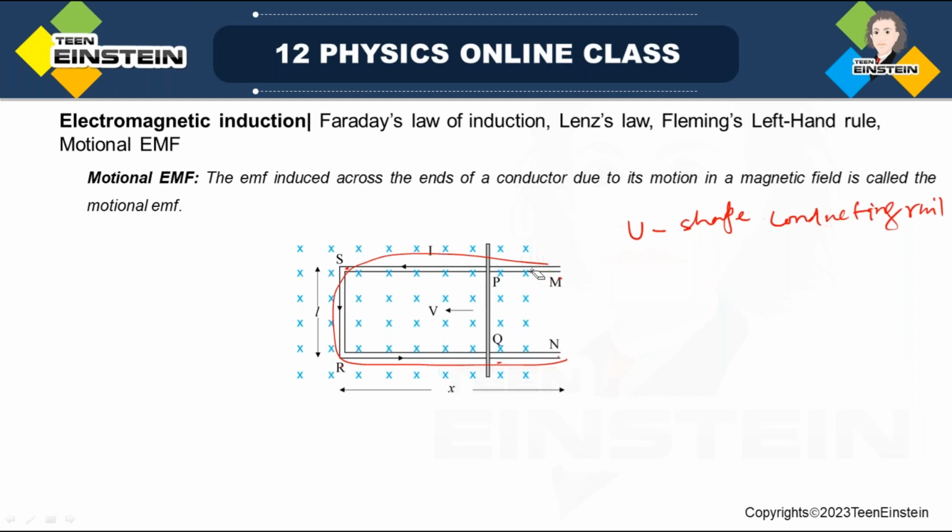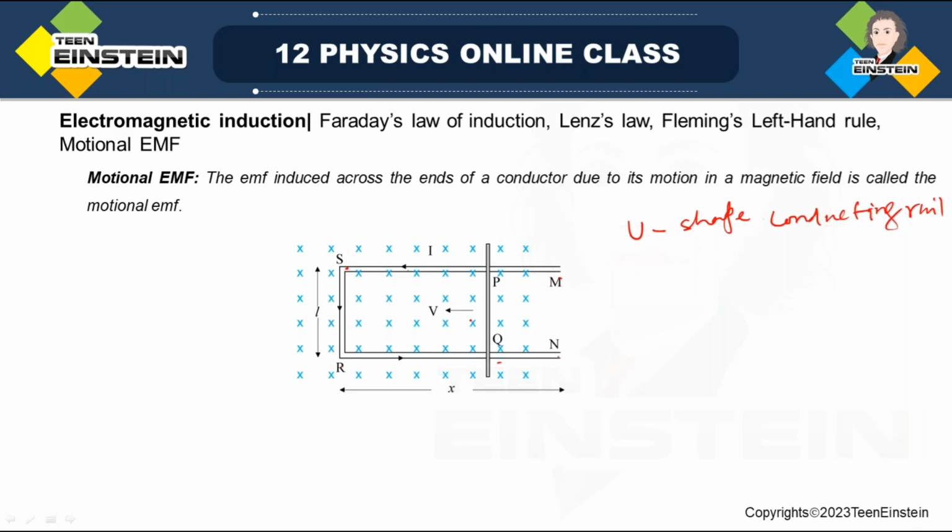On this U-shaped rail, the conductor PQ is moving on the parallel track of this rail. The whole arrangement is in a region where there is a uniform magnetic field, perpendicular to the length of the conductor, and it is into the plane of the paper.